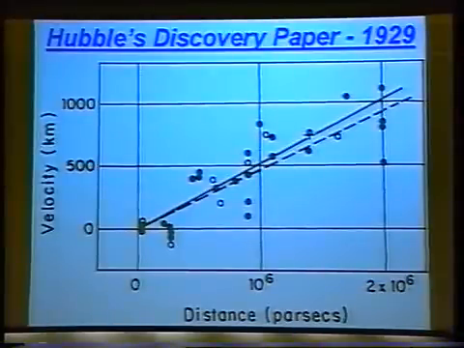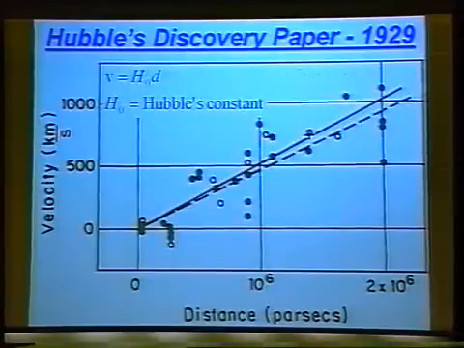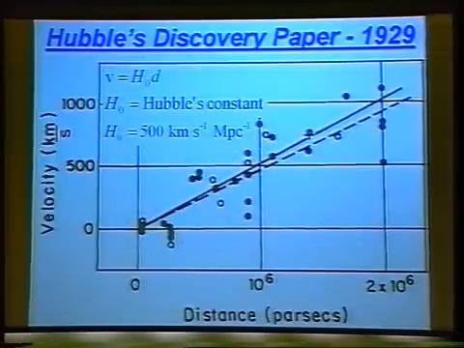And Hubble was guilty of the same thing. And something else I point out, of course, is that he has the units wrong in velocity, but that's not so bad. He gets the units wrong and he draws a straight line. And the conclusion that Hubble drew is that the velocity is a linear relationship with the distance, and the constant, the expansion rate, as determined by Hubble in 1929, was 500 kilometers per second per megaparsec.